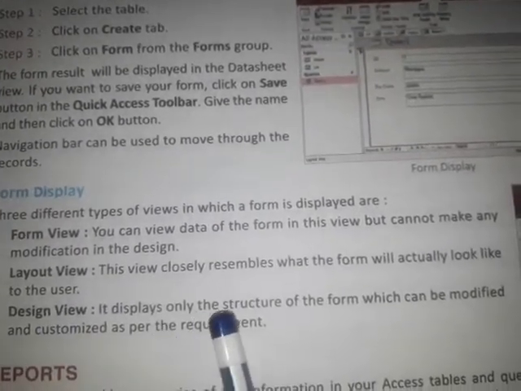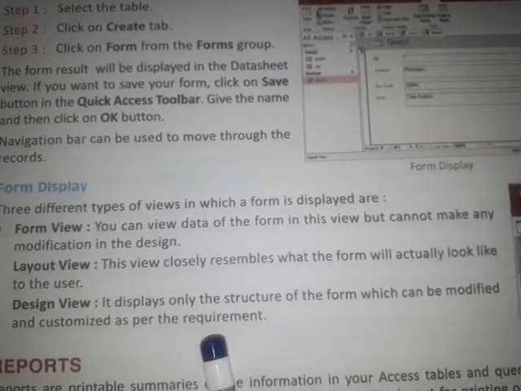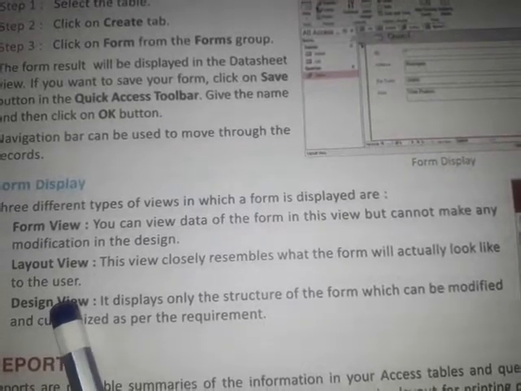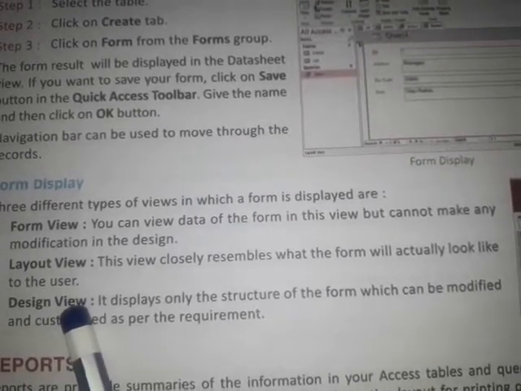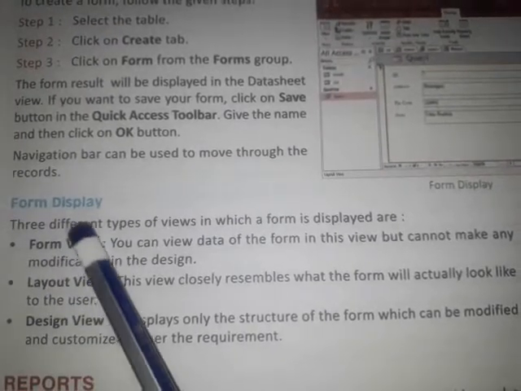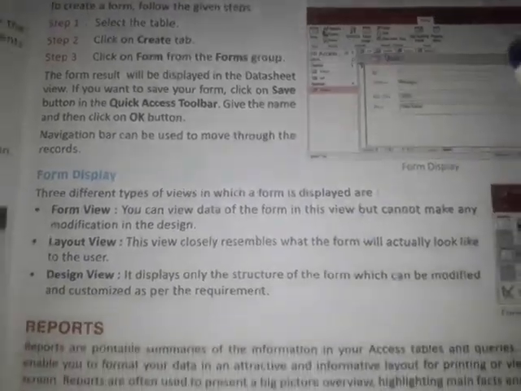Design view. It displays only the structure of the form, which can be modified and customized as per the requirements. So design view will display the structure and you can modify or change the form. So these are the three different types of view in which a form will display: form view, layout view, and design view.